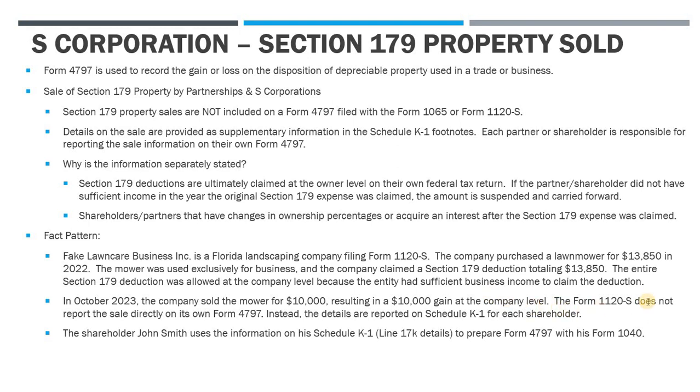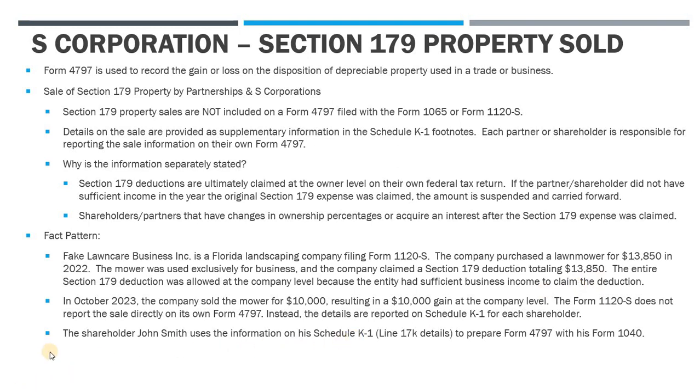So S corporations have this business income limitation. You cannot claim Section 179 at the entity level if you don't have sufficient business income. So at the entity level, they were okay. Now, in 2023, the company sold the mower for $10,000, which resulted in a $10,000 gain, right, because the adjusted basis was zero.